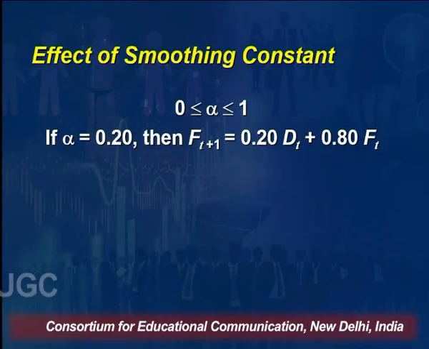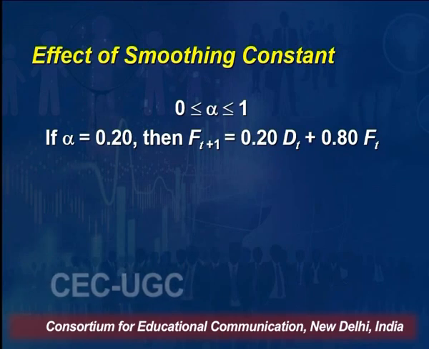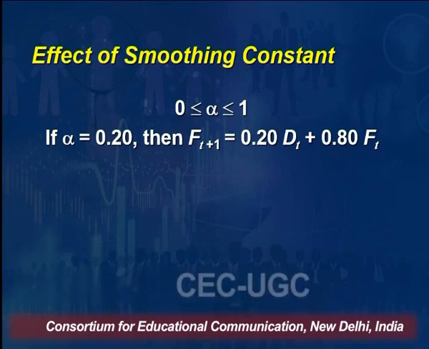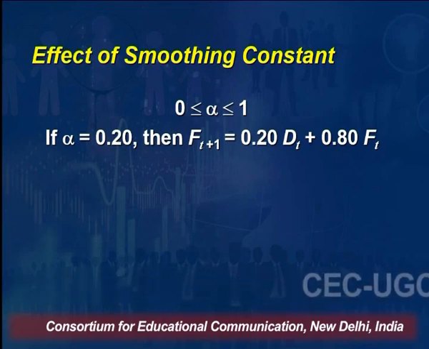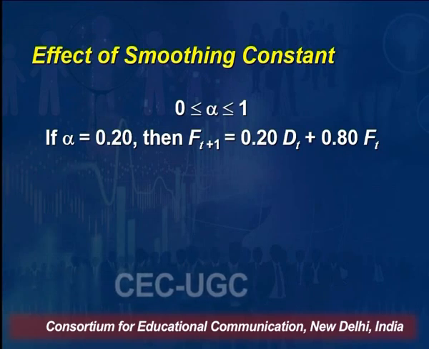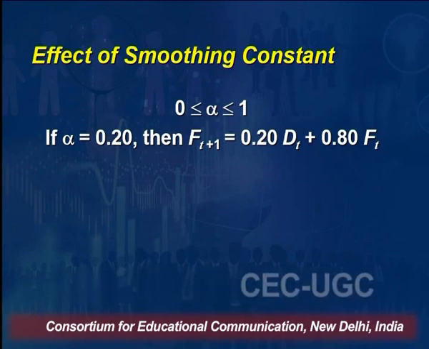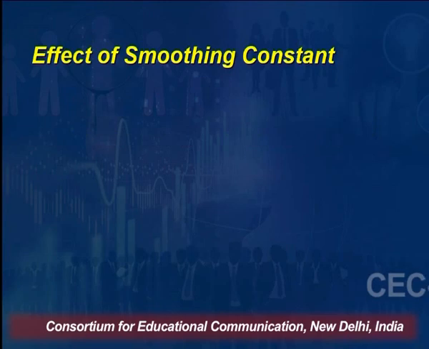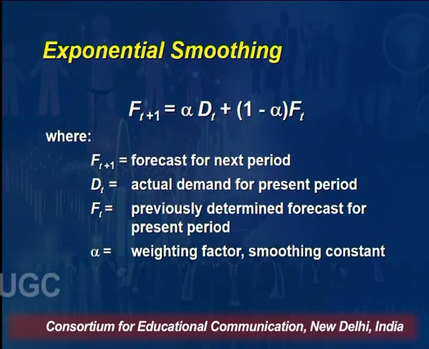So alpha is always between 0 and 1. For example, if alpha is equal to 0.2, then if we put these values in the formula, F(t+1) is equal to 0.20. What is 0.20? It is alpha.